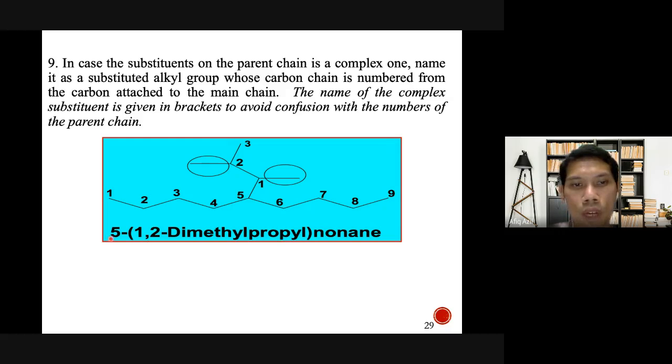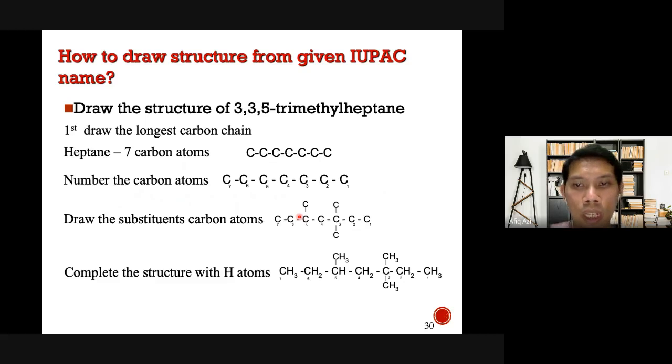So 5-(1,2-dimethylpropyl)nonane. This is the last rule that you need to follow according to IUPAC. I know it sounds confusing. Later we'll try to do some exercises together.